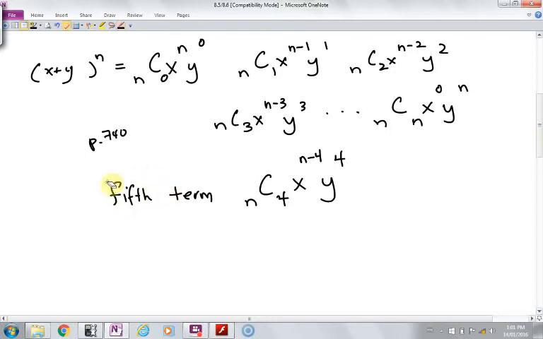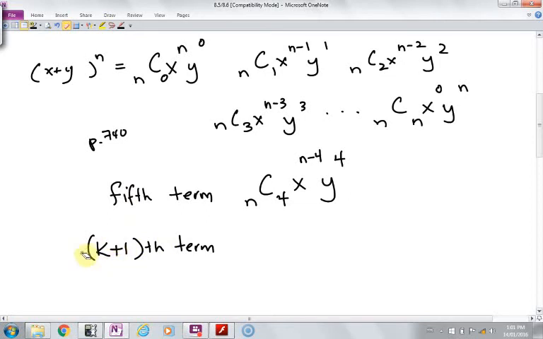It says that let's find the k plus 1th term. Okay, so in other words, if we're trying to find the fifth term, then k is what? What value of k would give me the fifth term? 4, right? Because 4 plus 1 is 5, and that's the fifth term.